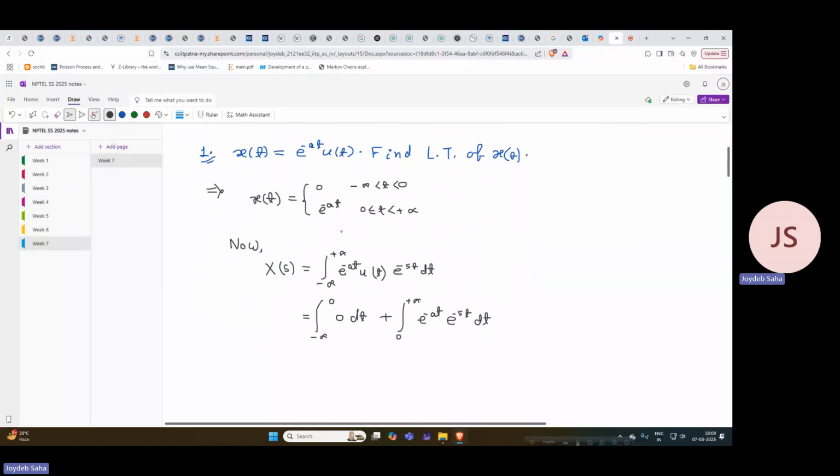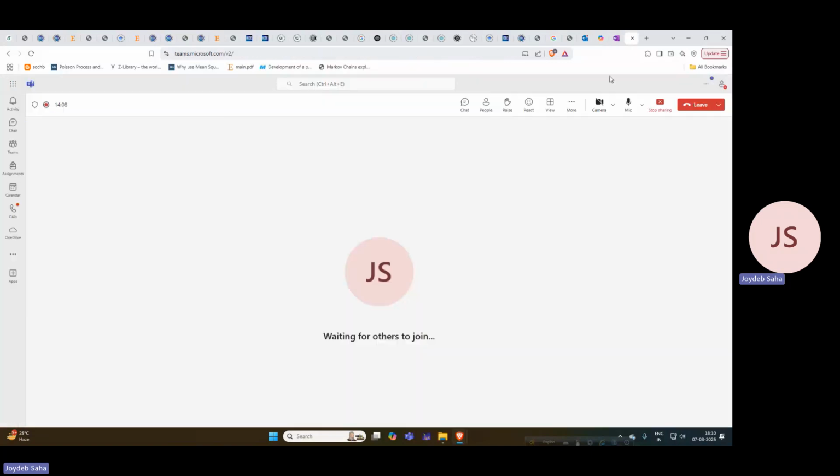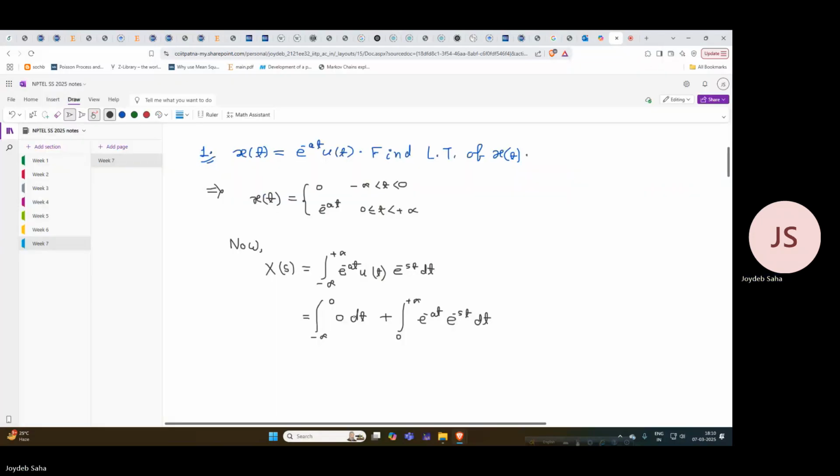Is it clear? If we divide it in two terms, from minus infinite to 0 and 0 to plus infinite, for minus infinite to 0 it will be 0, and for 0 to plus infinite, it is e to the power minus at multiplied with e to the power minus st dt. So hope it is clear.